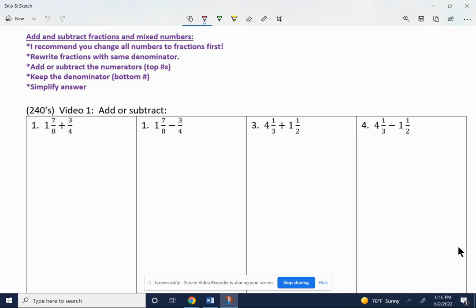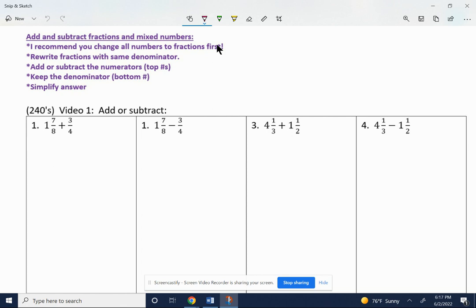Okay, these problems are over adding and subtracting fractions and mixed numbers. If you use the hints on Khan Academy, they're going to probably have you work with fractions first and then the whole numbers. I'm going to recommend you change all your numbers to a regular fraction first.